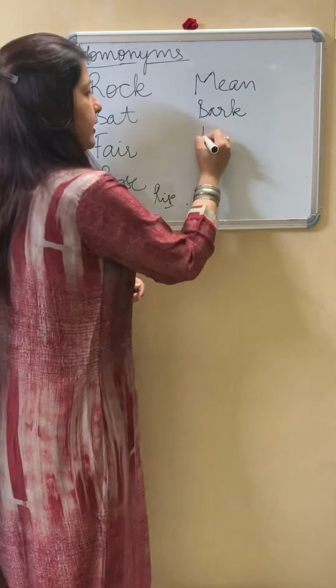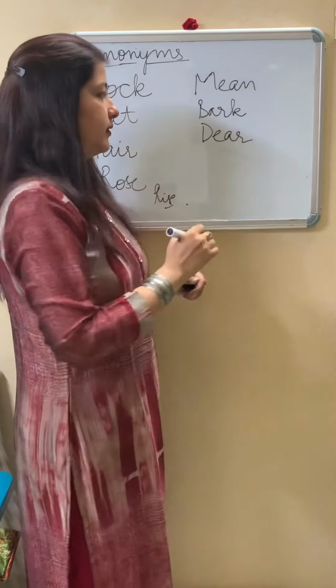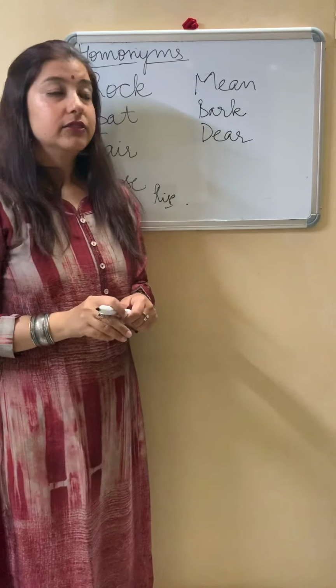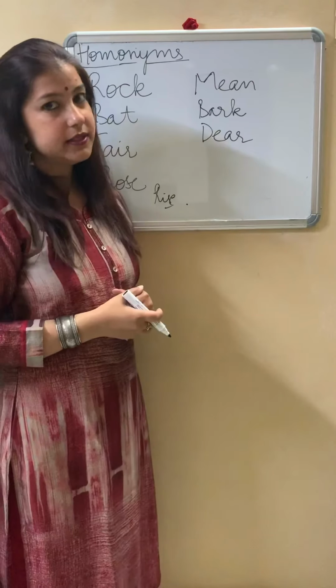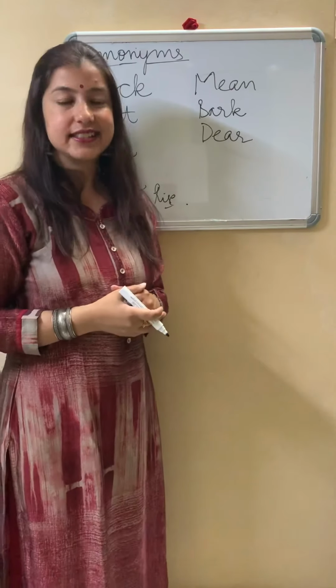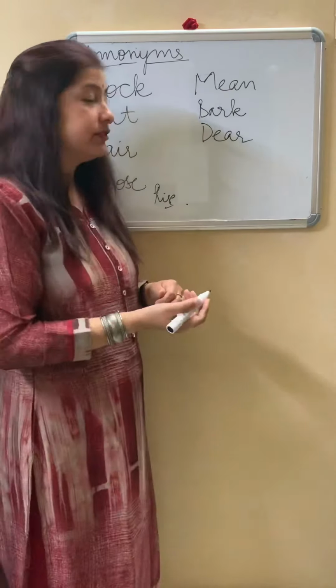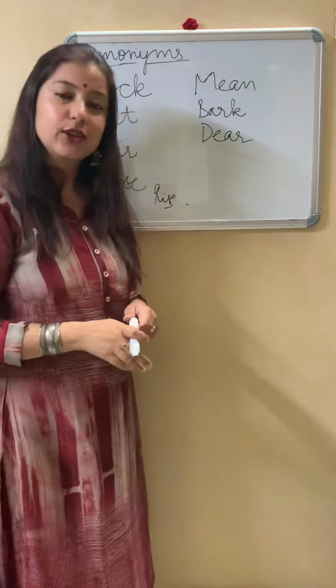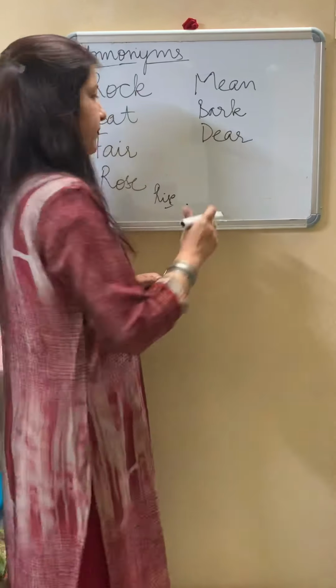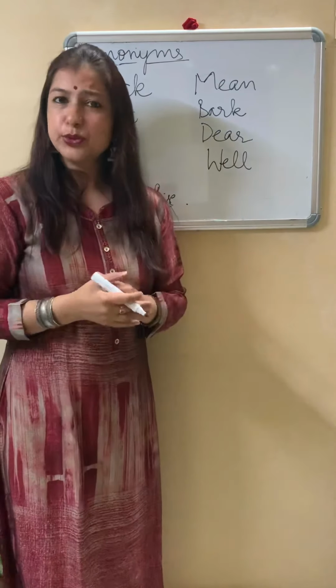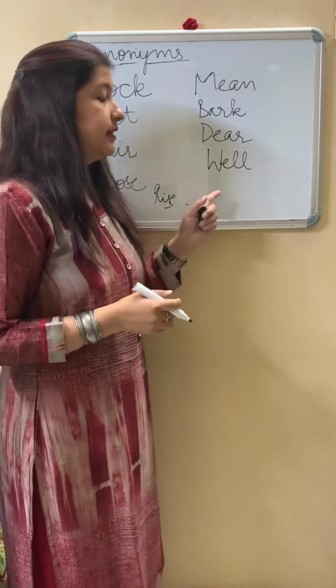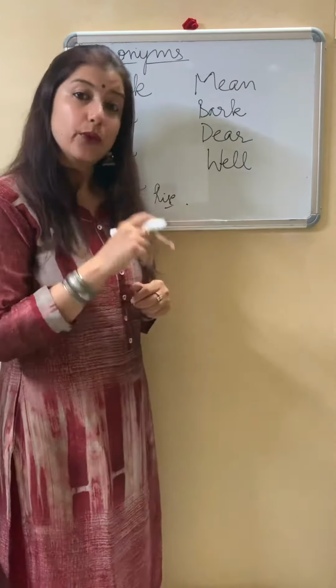Okay, then dear. The flowers are too dear for my pocket, but my dear friend likes them. Dear, my loving friend, and dear, costly, expensive. One more, well. I hope you all are doing well. And this well was dug 20 years back.